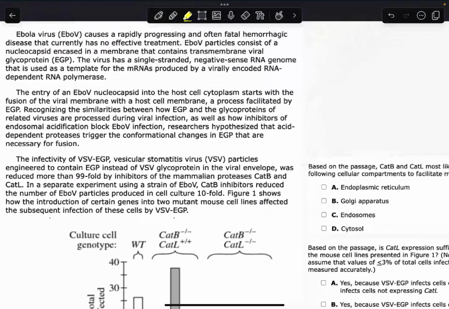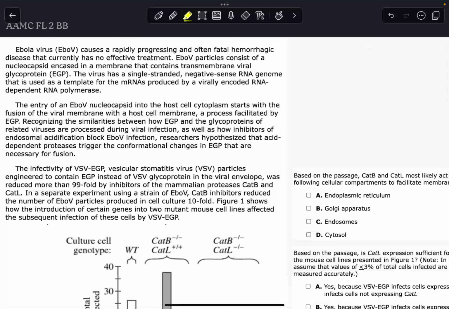So the passage reads, Ebola virus, Ebola, causes a rapidly progressing and often fatal hemorrhagic disease that currently has no effective treatment. Okay, so I know this passage is about some virus. Ebola particles consist of a nucleocapsid encased in a membrane that contains transmembrane viral glycoprotein, EGP.